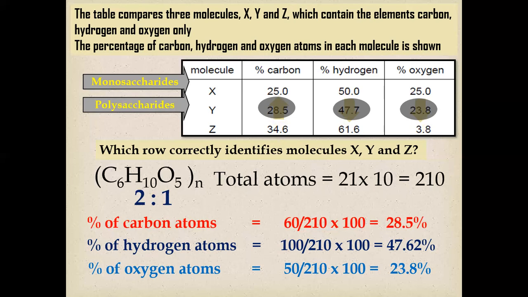During the condensation reaction, water molecules are released. So on the basis of this information, Y is our polysaccharide, while the percentage of oxygen in Z is drastically low compared to the hydrogen. So in this way, that's our triglyceride.